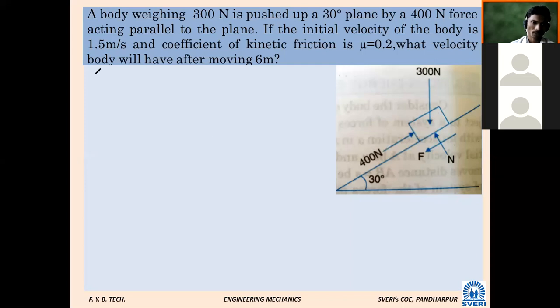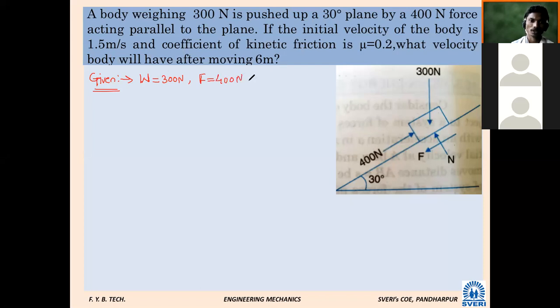Very good. Like this, there should be a dissection of the problem. So W is given, 300 Newton. Then the inclination angle is 30 degrees. Then a 400 Newton force is applied to the body, parallel to the plane.